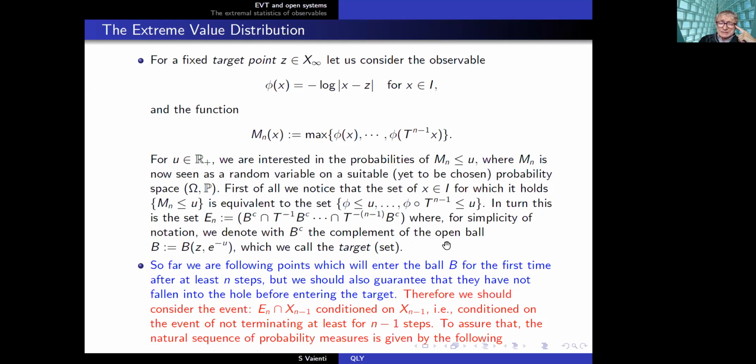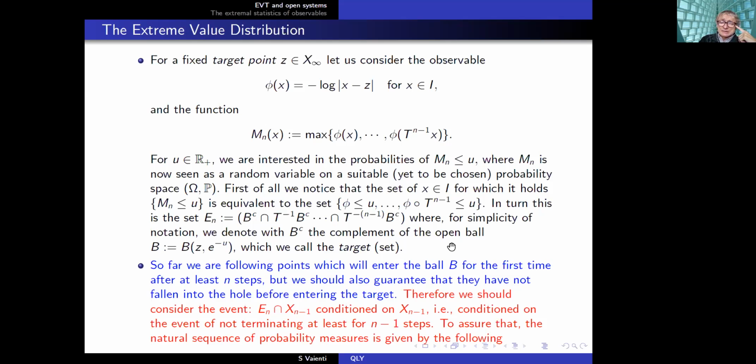Now, as I said at the beginning, we could have points moving with T which, before jumping into this target set, could fall into the hole. So we have to take this into account.